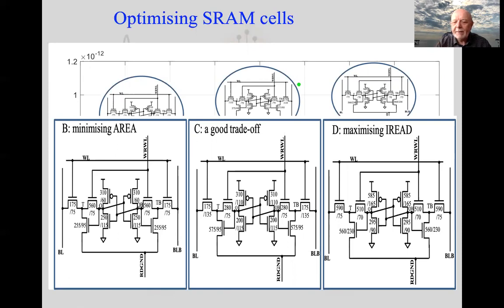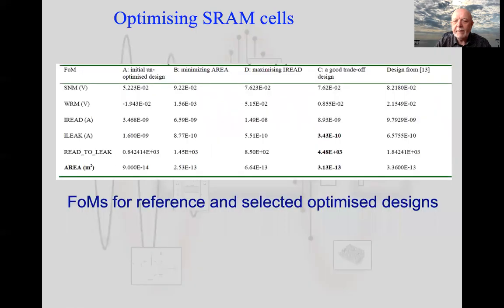So this was a really nice example of showing evolution in action to actually solve a common problem. And so what you can see here is our 6 figures of merit, and this was the initial unoptimized design, and these are the parameters for each of these, because remember the graph only showed us 2, so this one shows all 6 in this table for the design that minimized area, the design that maximized read current, and the one that was a good trade-off.